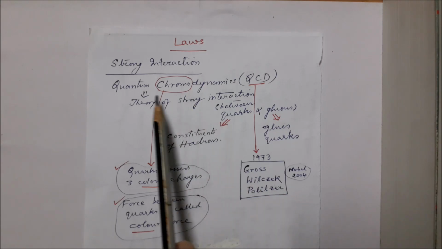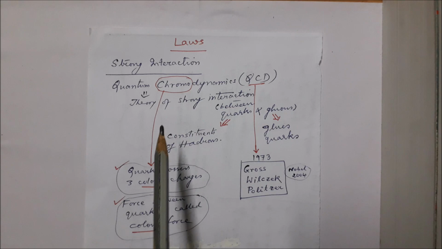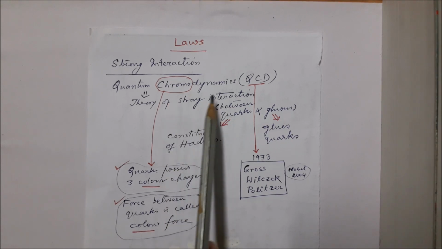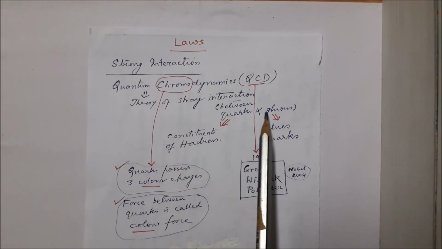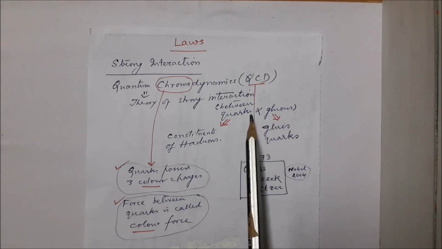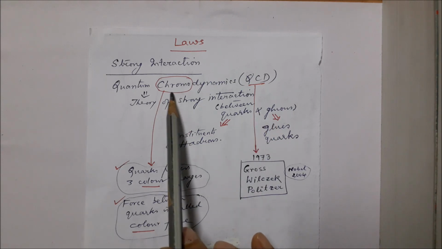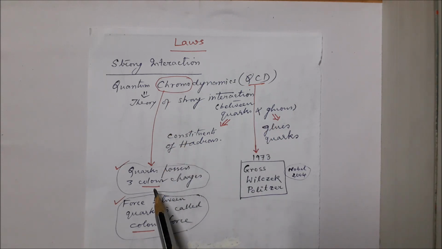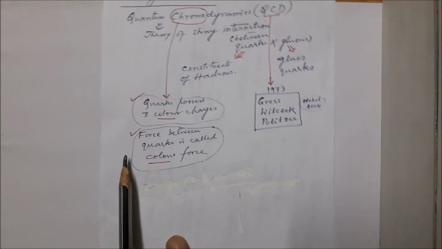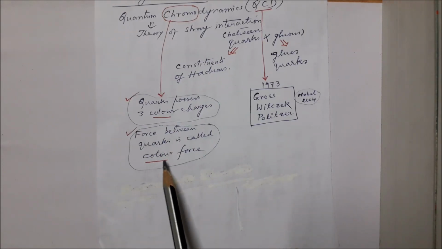And this QCD describes strong interaction between quarks and gluons. Here chromo refers to color, used firstly because quarks possess 3 color charges, and secondly because the force between quarks is called color force.